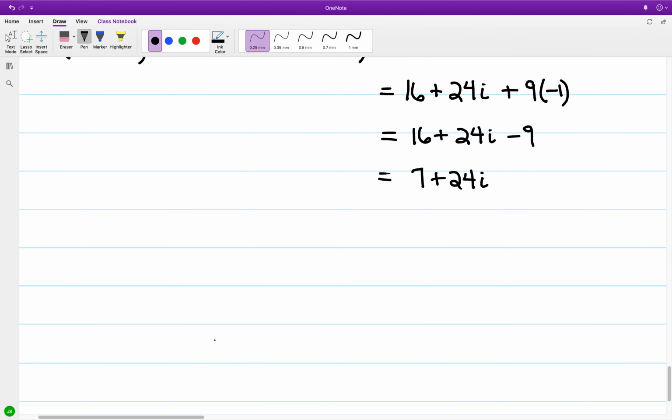Now, in the crossover to complex conjugates, it's going to have a feel of factoring a difference of squares.